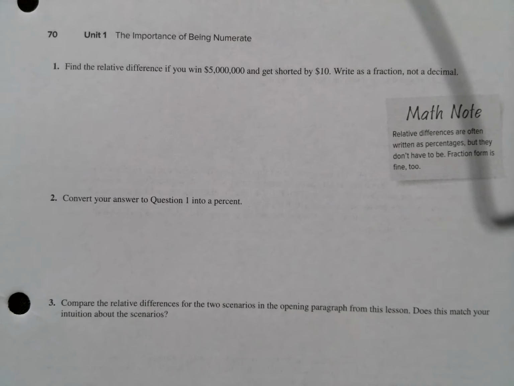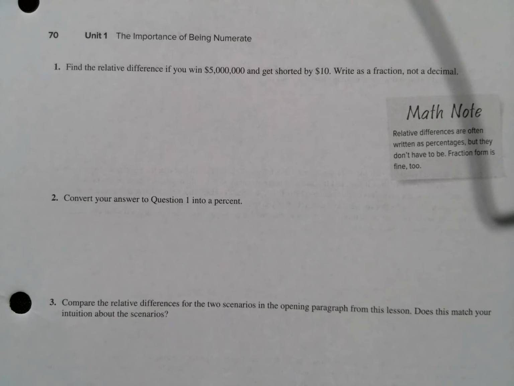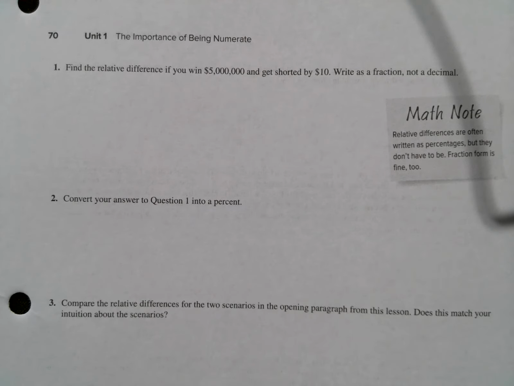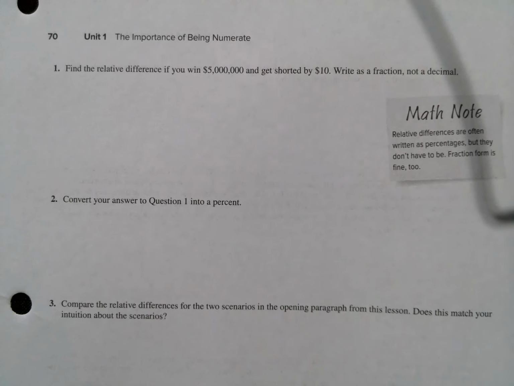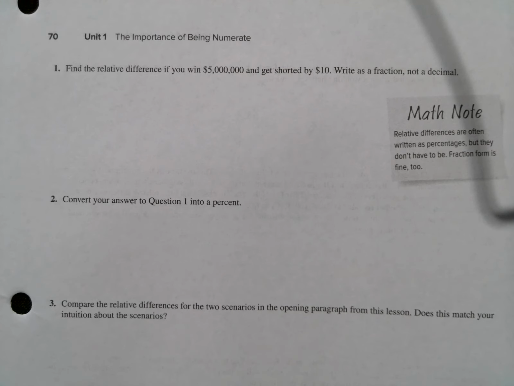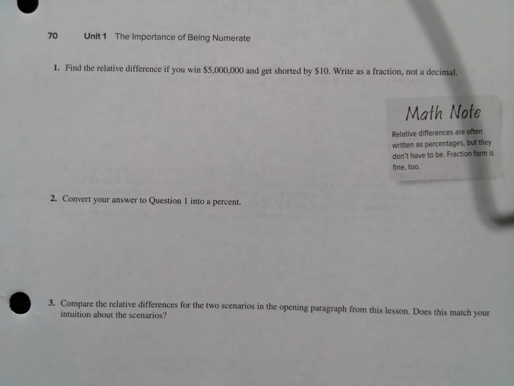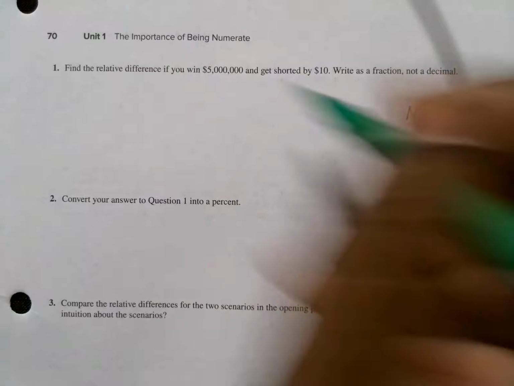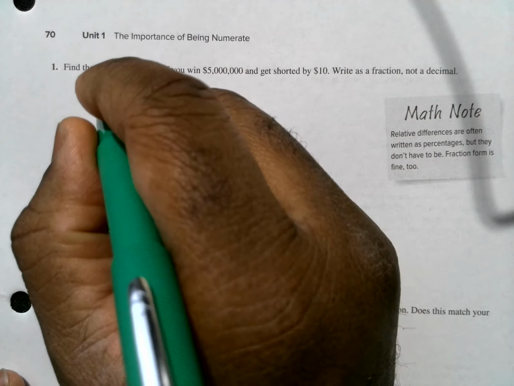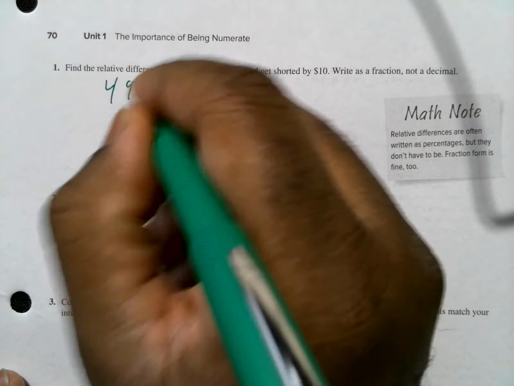Okay, now it says here on page 70, find the relative difference if you win $5 million and get shorted by $10. Write as a fraction, not a decimal. So if you won $5 million, but you only received $4,999,990, which is the $10 being short, your new value would be the amount that you would get.